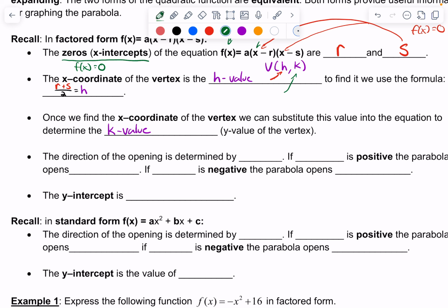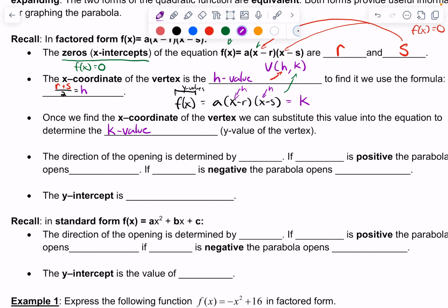Because if you have an equation that relates your outputs, your y values, to your x values, we have an equation x minus r, x minus s, and if we substitute in our h value here, h for that and h for that, whatever this equals out to be will be the k value, the y value of your vertex.